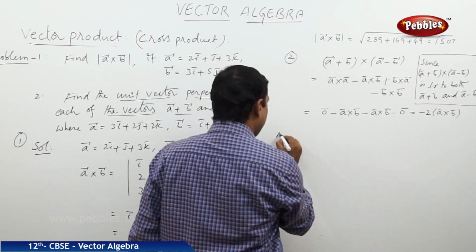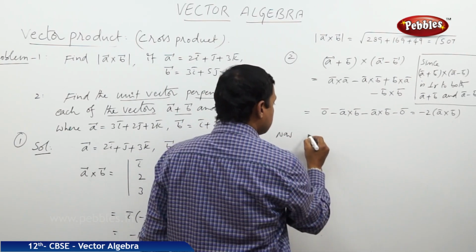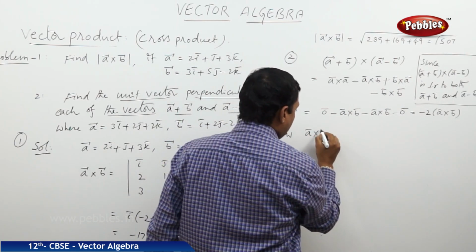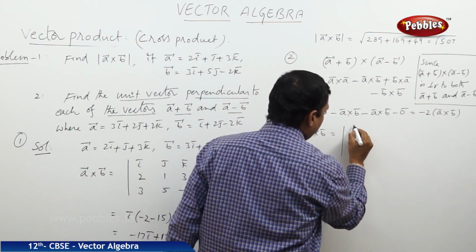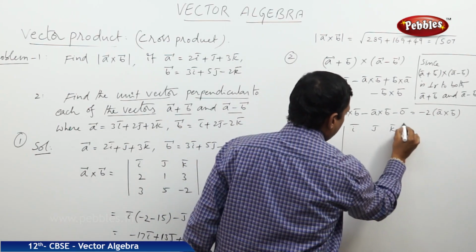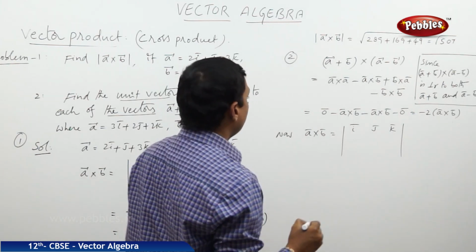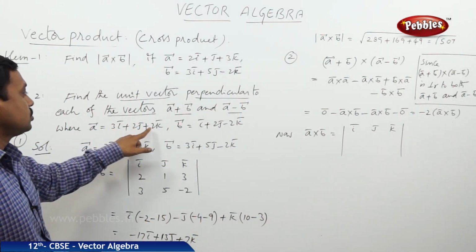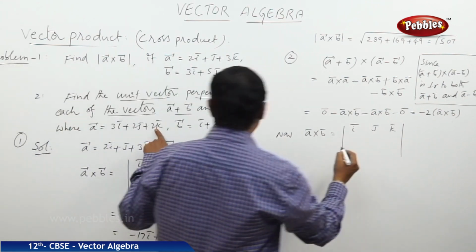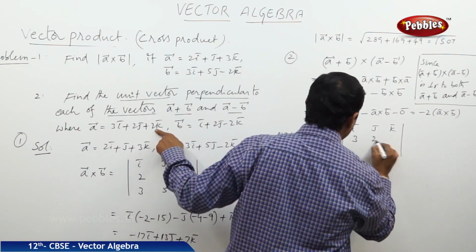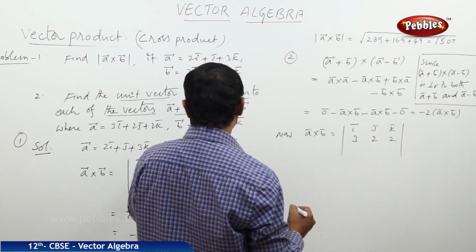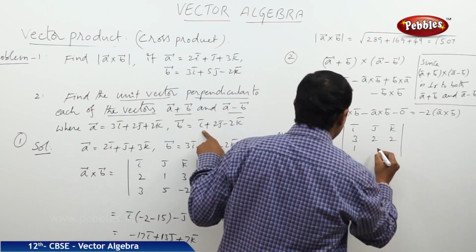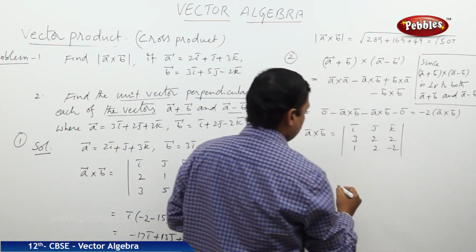Now let us find the A cross B vector. A cross B is equal to the determinant of i, j, k. Now the A vector is given by 3i plus 2j plus 2k, hence the components are 3, 2, 2, and the B vector components are 1, 2, minus 2.